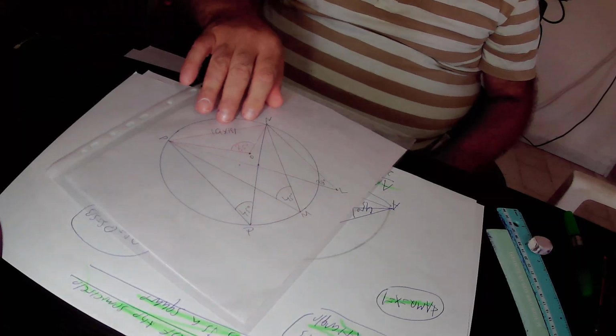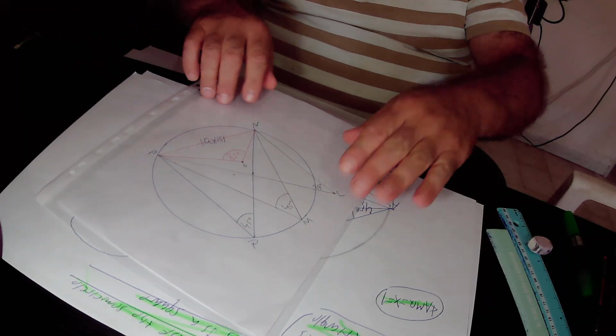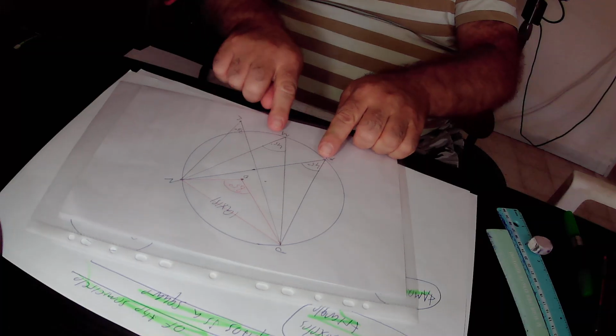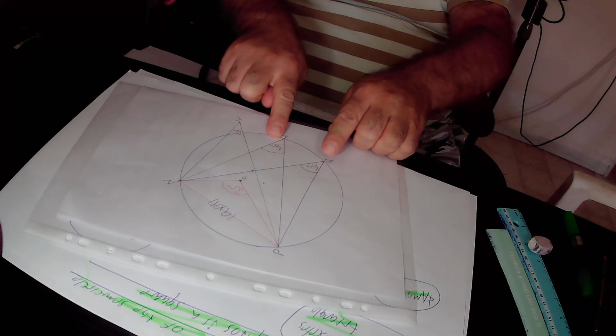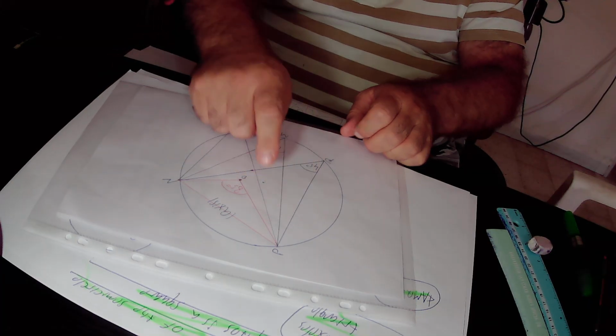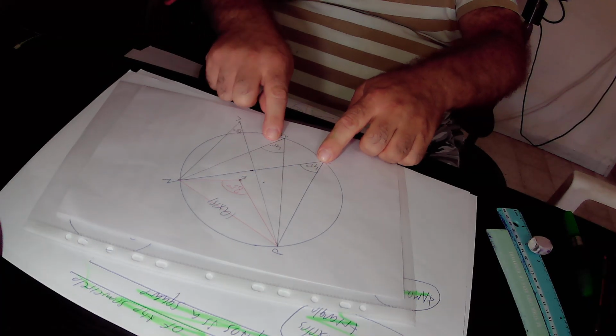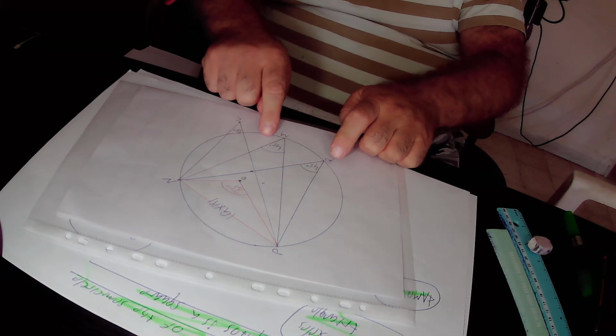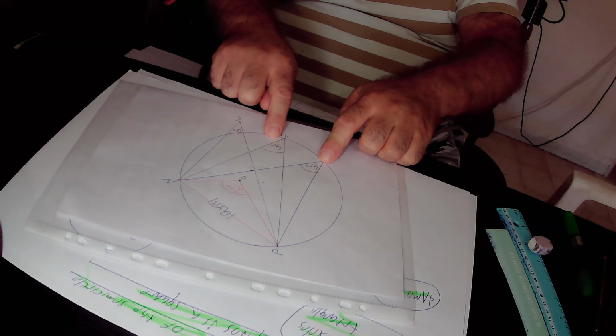Here we have those two peripheral angles, peripheral angle PMN and peripheral angle NQP. They both subtend on the same chord called NP, and therefore they are equal to each other. Each of them equals 45 degrees.